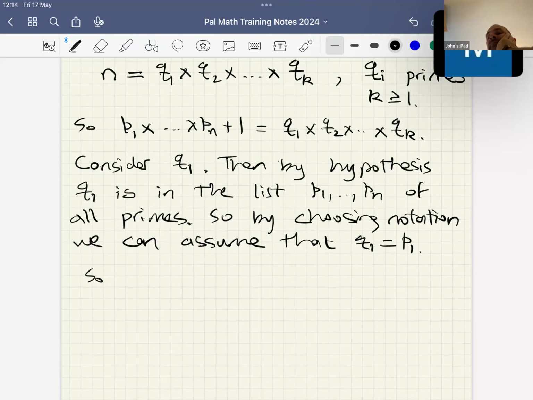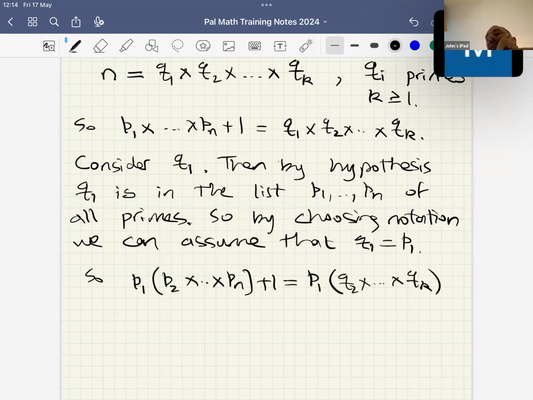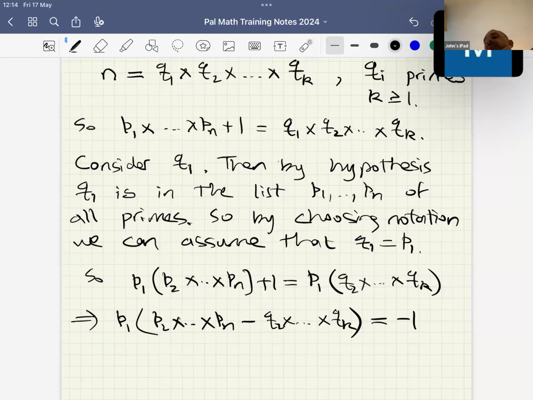So now we have p1 times p2 up to pn plus 1 equals p1 times q2 up to qk. And then we can rearrange that as p1 times (p2 up to pn minus q2 up to qk) equals, we bring the 1 across the equals, minus 1.